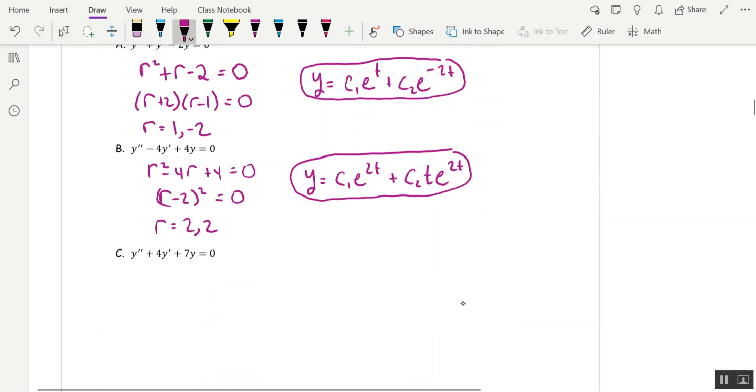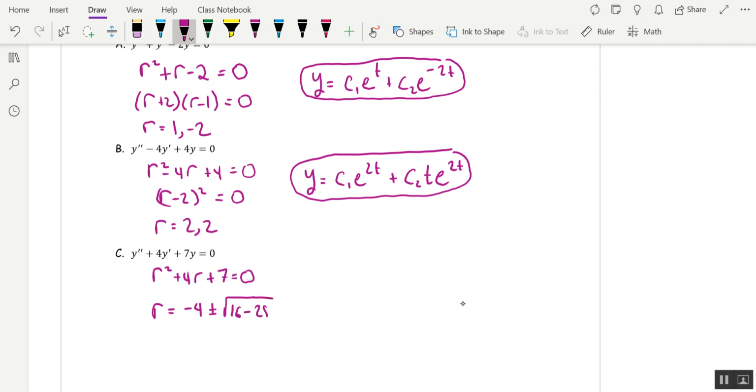Write down the characteristic equation, r squared plus 4r plus 7 equals 0. Try and factor that for about a nanosecond and realize you can't, so we're going to bust out the quadratic formula. r is negative 4 plus or minus the square root of b squared, which is 16, minus 4ac, which is 28, over 2a. In this case, 2a is just 2.